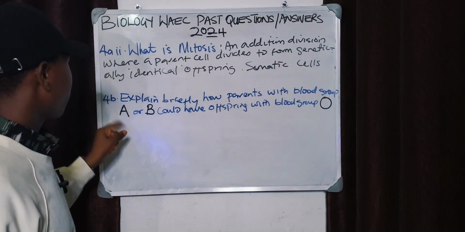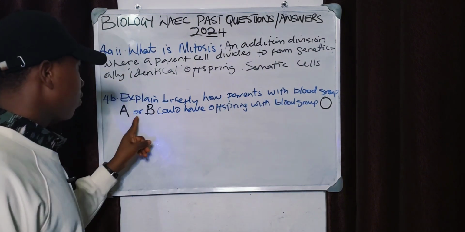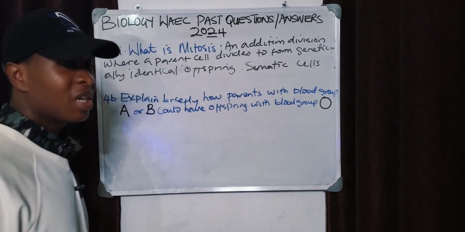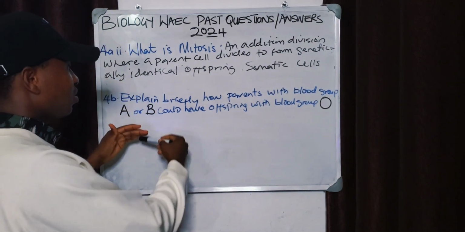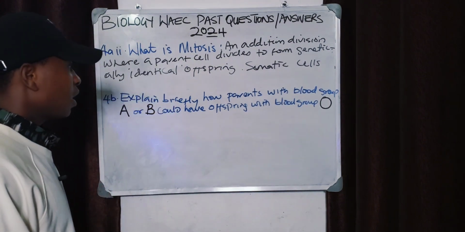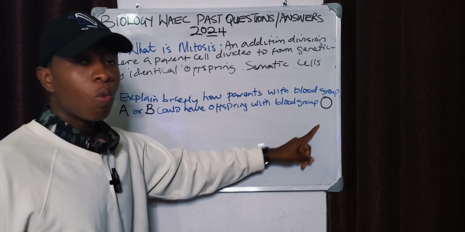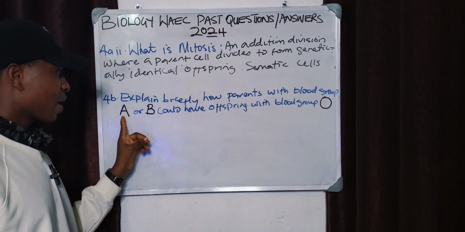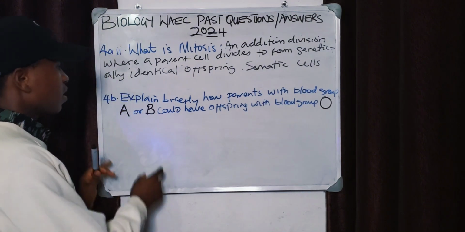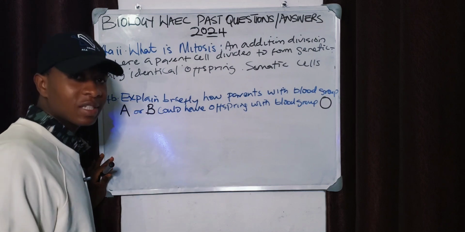All right, now 4B, explain briefly how parents with blood group A or B could have offspring with blood group O. Now, if you understand the genetics properly, you understand that this just has to do with recessive genes. All right. Now, the only way an offspring can come out as O when the parents are blood group A and B is that O is a recessive gene in the parent.